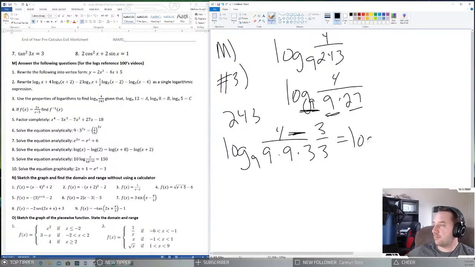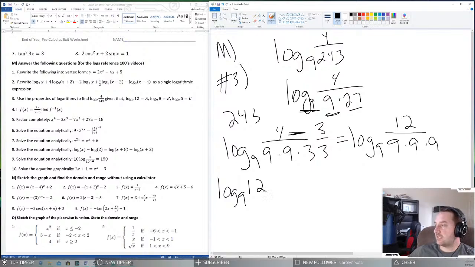So I'm going to get log base 9 of 12 over 9 times 9 times 9. Now that I've broken it up, I can rewrite this as addition and subtraction. So I get log base 9 of 12. Since these are in the denominator, they're going to get minuses: log base 9 of 9 minus log base 9 of 9 minus log base 9 of 9.